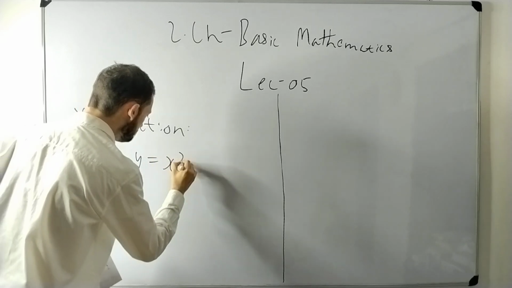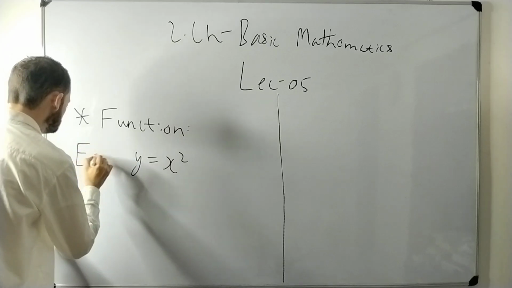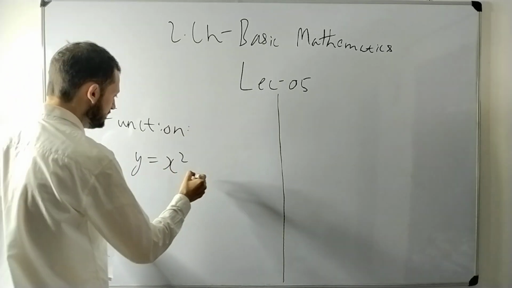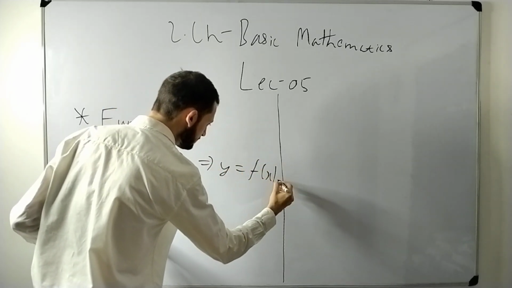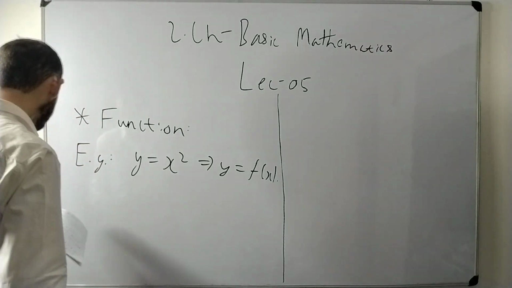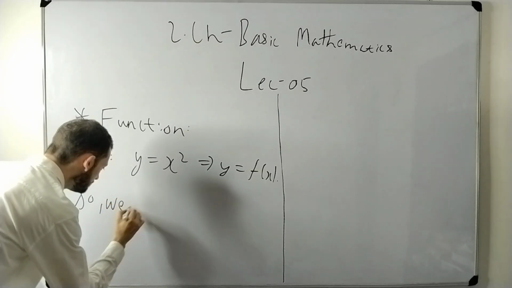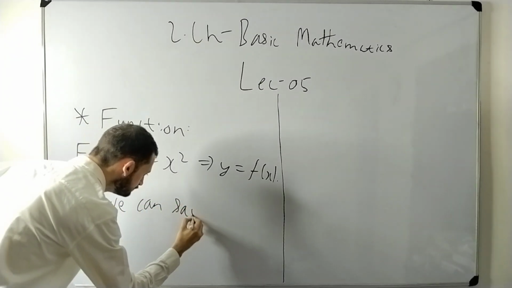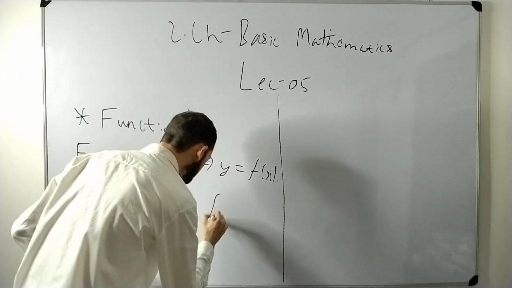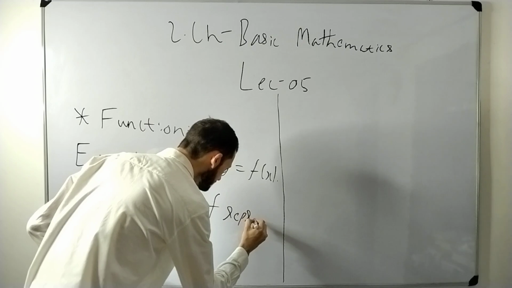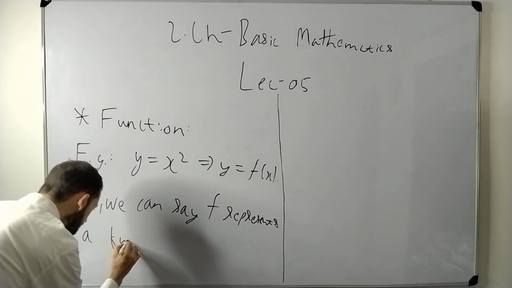Example: y happens to be x square. So I could write y is equal to f of x. Here f represents a function.